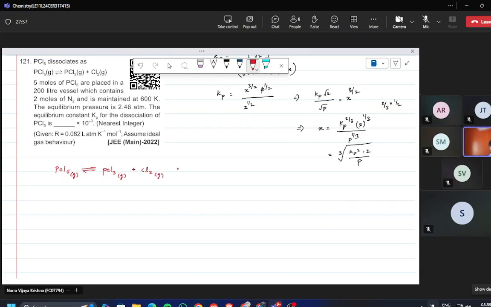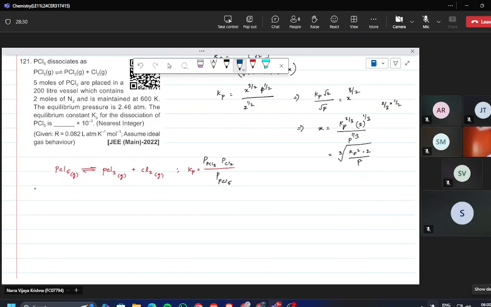This is the overall equilibrium, right? And I need to find the Kp value. Kp means, can I write concentration of PCl3 into concentration of Cl2 upon concentration of PCl5? No, that's why pressure. I am talking about pressures only. Pressure of PCl3 into pressure of Cl2 upon pressure of PCl5. Accepted? No. So I want to find partial pressures first.